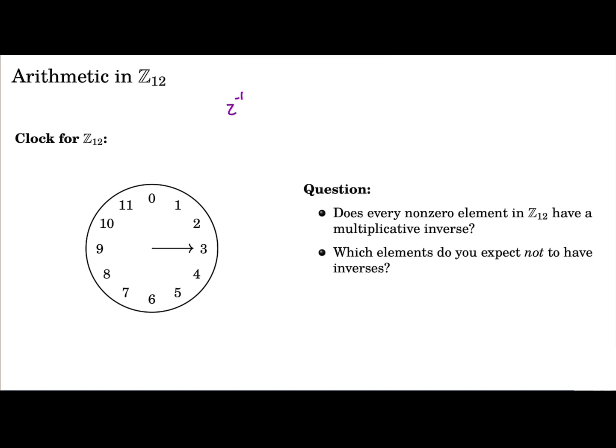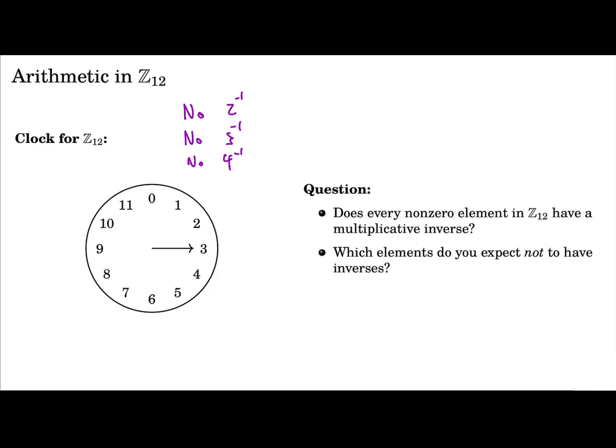So let's say no 2 to the minus 1, no 3 to the minus 1. Let's look at 4. 4 also divides 12, so it's going to be 4, 8, 12, 4, 8, 12. So you never get a 1. So there's not going to be any 4 to the minus 1.